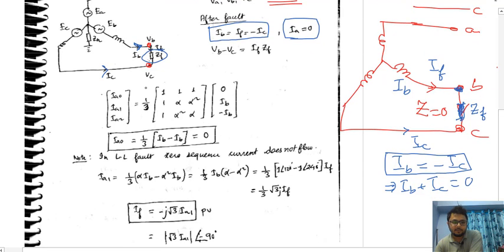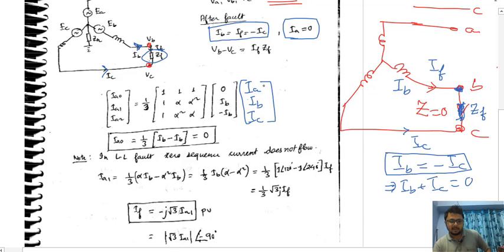Now we know IA0, IA1, IA2 are the zero, positive and negative sequence currents. The symmetrical currents are equal to 1 by 3 of A times the line currents IA, IB and IC, which we have already derived.